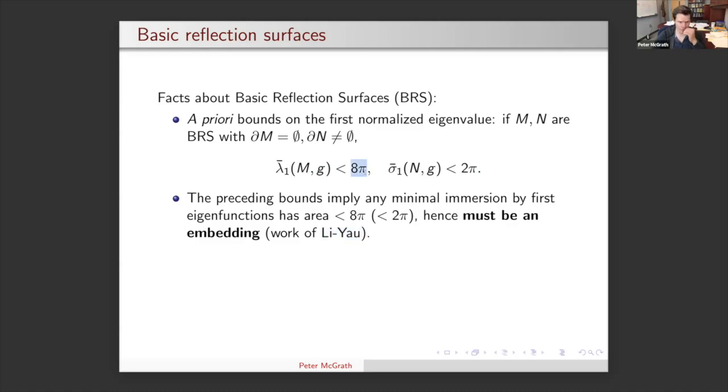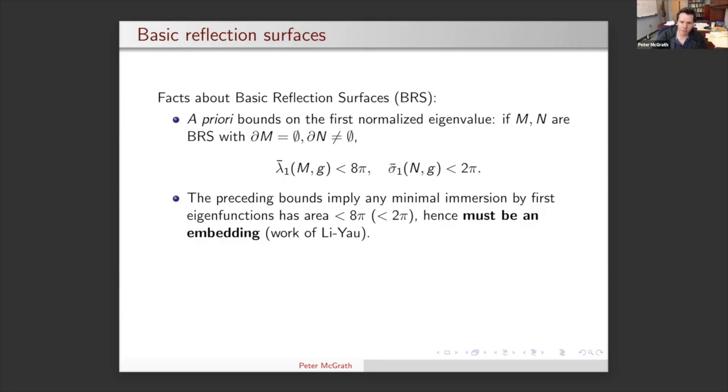So Li-Yau in their early 1980s paper proved that a branched minimal immersion of the closed surface into an n-sphere is an embedding so long as the area is less than 8 pi. And so all these examples would achieve that threshold, and completely analogously in the case with boundary. So when one is below the 2 pi threshold, again, 2 pi being the area of 2 disks, 8 pi being the area of 2 spheres.